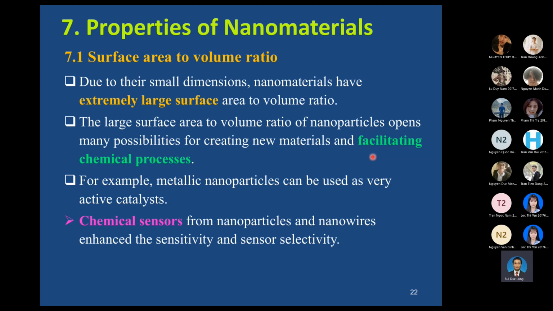That's why even metallic nanoparticles can be used as very active catalysts. They can be used for chemical sensors.